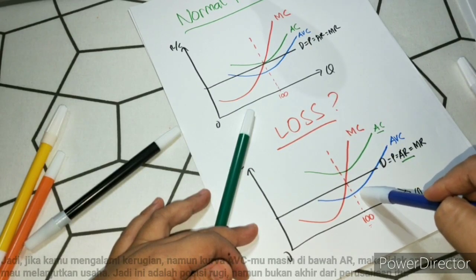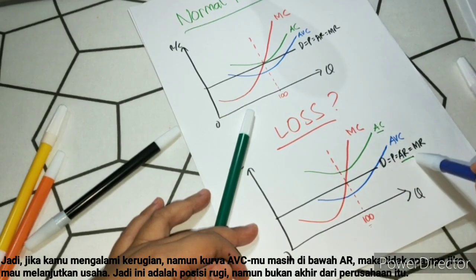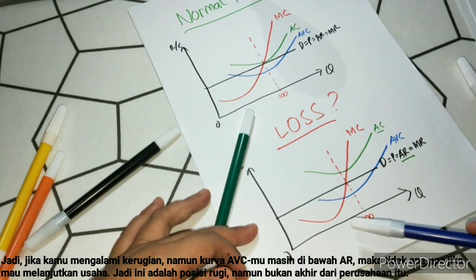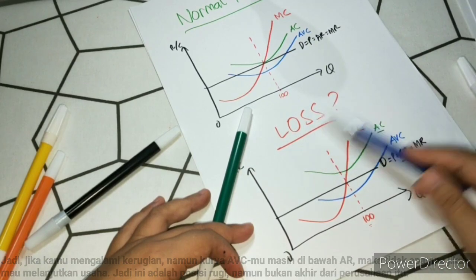So if you get a loss but your average variable cost is still below your average revenue, it will be okay for the company to continue the production. So this is a loss, but this is not the end of the company's life.